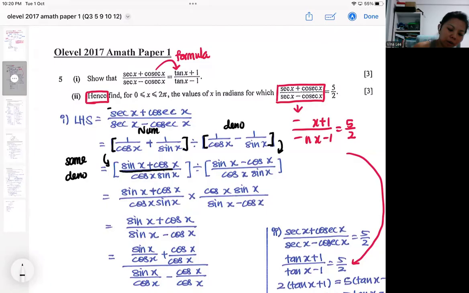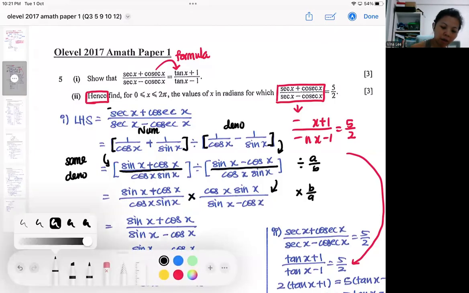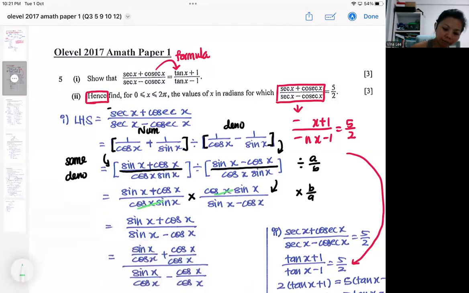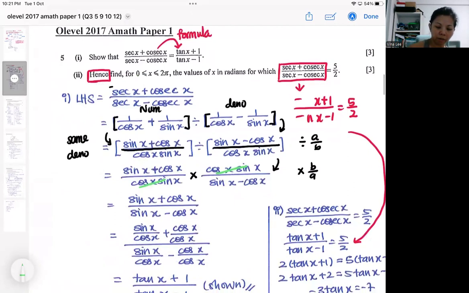Right now, my numerator has become a single fraction, and my denominator also becomes a single fraction. That's where I will do the reciprocal. If I divide by A over B, I will switch it to B over A. While I'm doing the reciprocal, you can find a cancellation. So you are left with a very nice fraction.